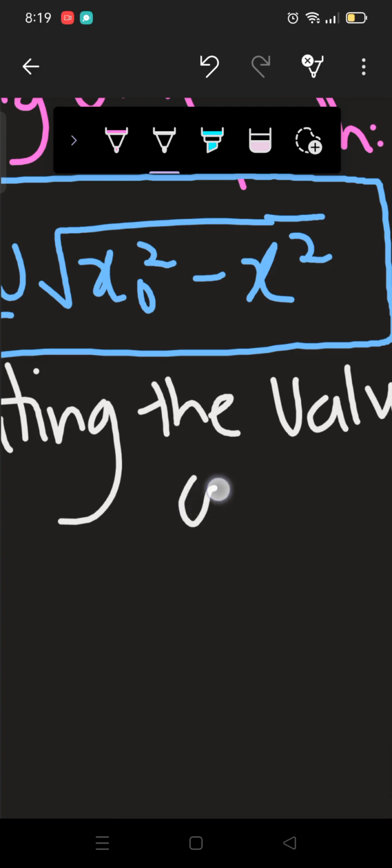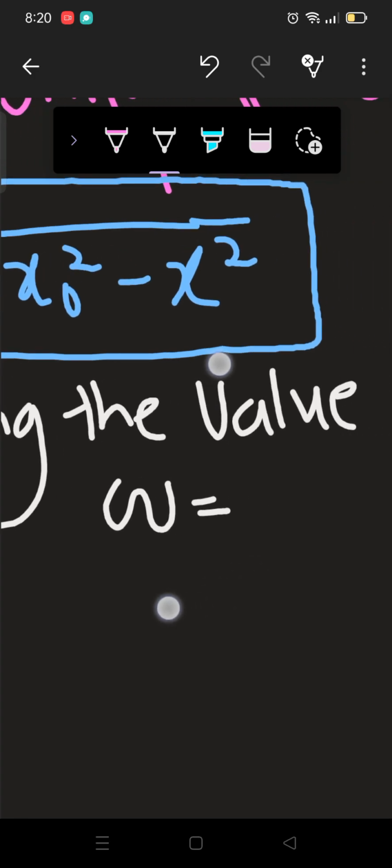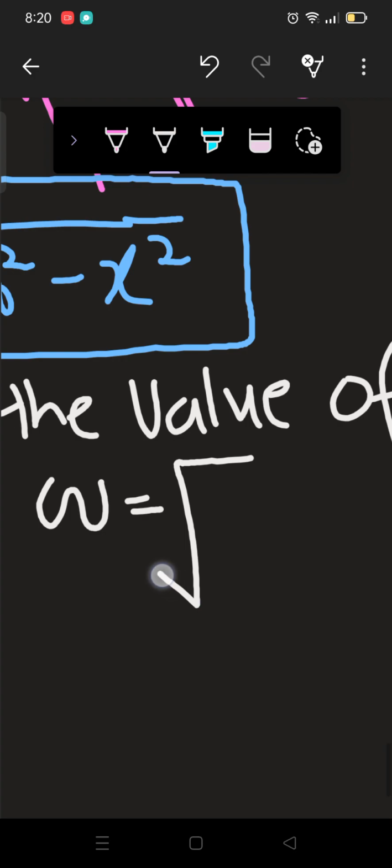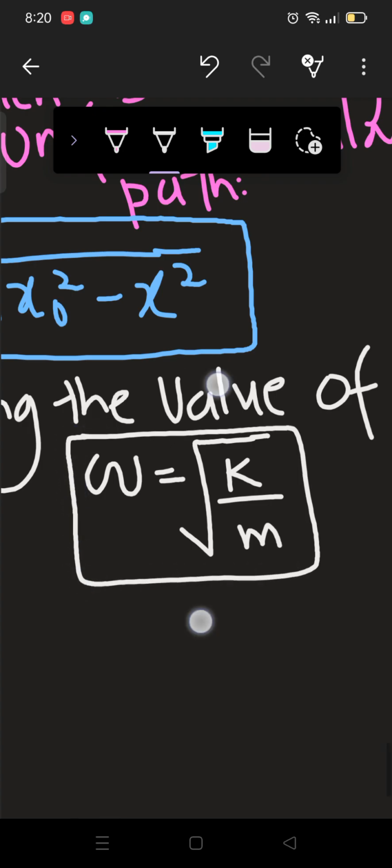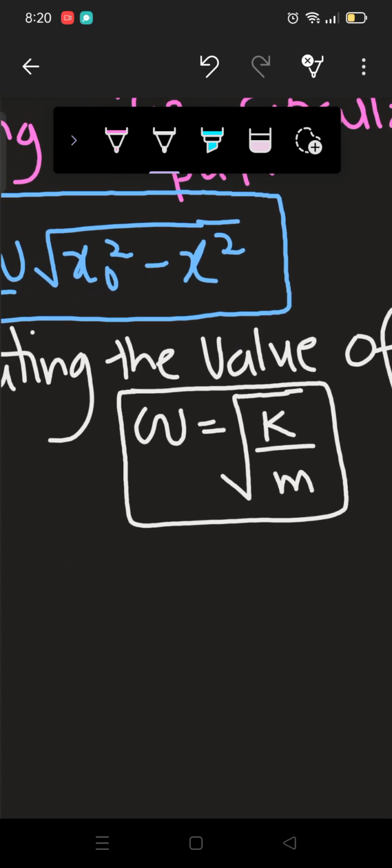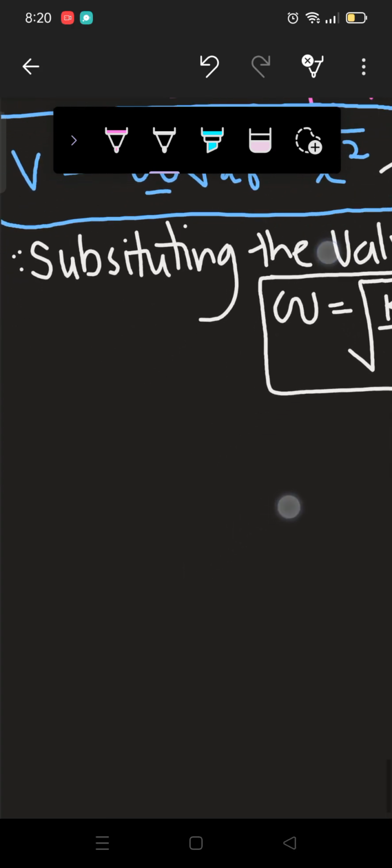And we know that the value of omega we have already found by comparing the two acceleration formulas, right? The acceleration of a projection of a particle along a uniform circular path, and the motion of a particle under elastic restoring force. We compared those two formulas of acceleration and we found our omega, which is equal to under root k over m, right? Now we just need to substitute this under root k over m in the above formula.